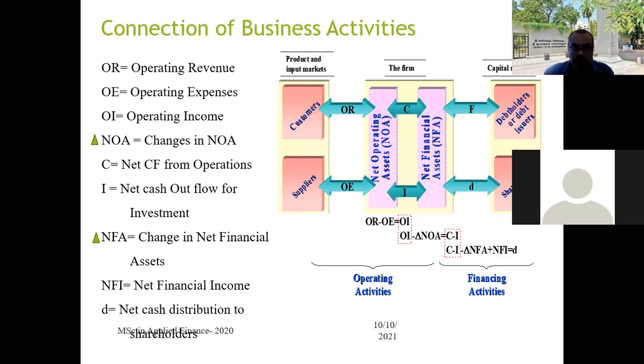Suppose that the entity's assets, what an entity has for its operations, are assets. Assets are divided into two: financial and operating. What gives you profit at your own control are the operating assets.